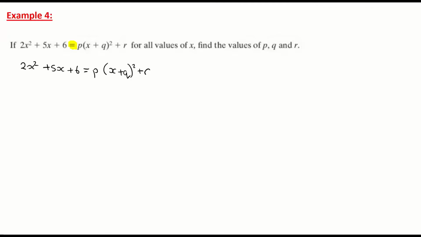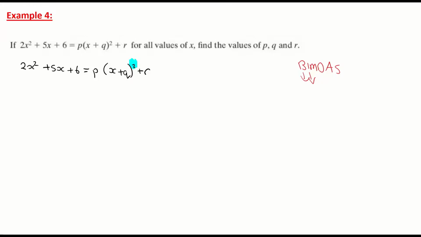Now there's a little bit of work going on here, because you can see that I have to multiply it by a p, and I also have to square it. So you have to think of your rules of BIDMAS there. So BIDMAS, if you remember your BODMAS, remember that you have to do brackets first, then indices, and indices relate to the powers. So you need to do the squared before you do the multiplying by p, because multiplying comes after the power.